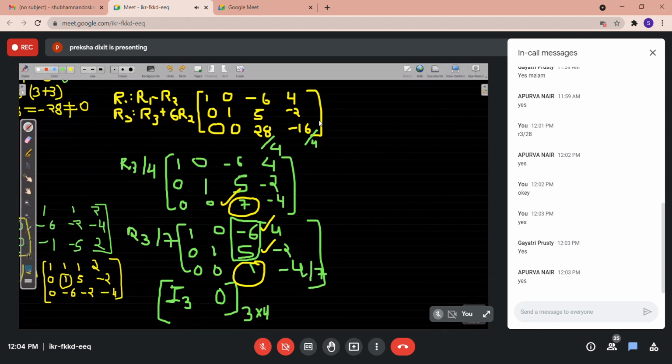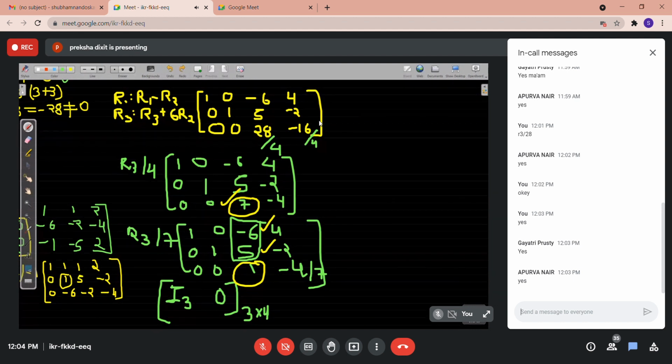Accordingly, we have to perform the elementary transformations. So just give it a try. A few steps are explained by me here. Just in the same way, try to complete this calculation and then get the echelon form of the matrix.